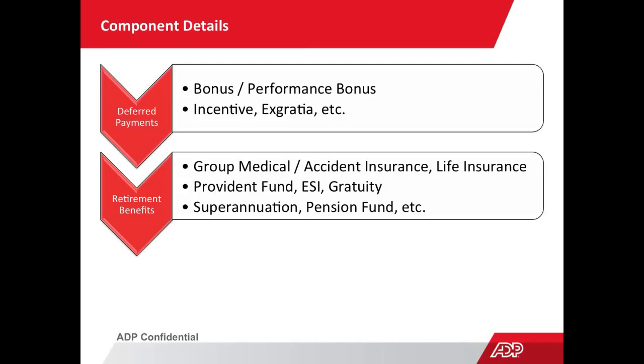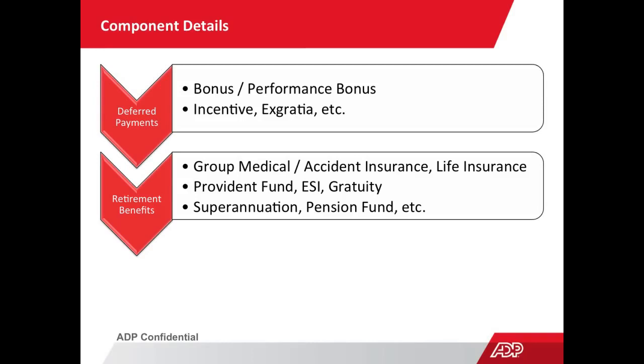So we have seen that there will be 5 major heads of component classification. There are certain payments paid on a monthly basis, a fixed amount. There are certain components paid on a reimbursement basis by submitting bills and documents. There are certain payments that will be deferred, and paid only if you satisfy certain internal targets or achievements.